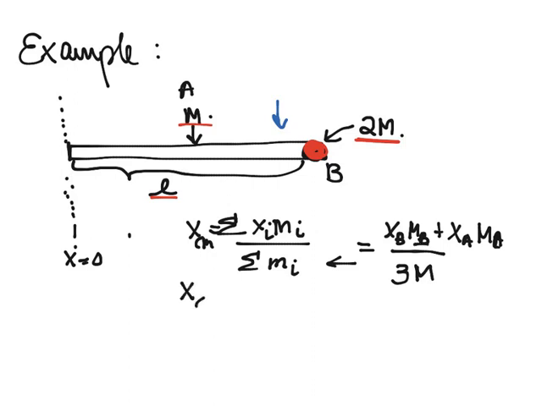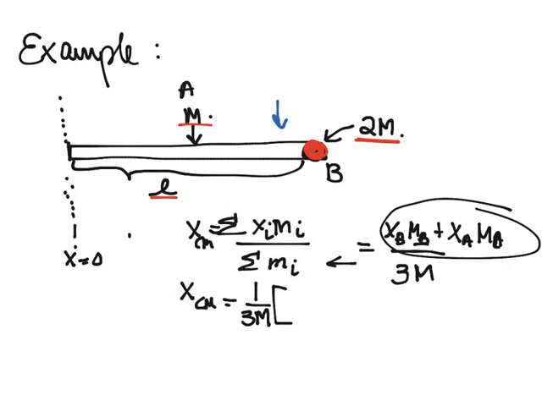And so I can do this calculation. I know the center of mass will be 1 over 3M times all of this stuff in the numerator. So I have x_B, and I know that the Play-Doh compared to my axis is located at x equals L, because it's the whole length away.